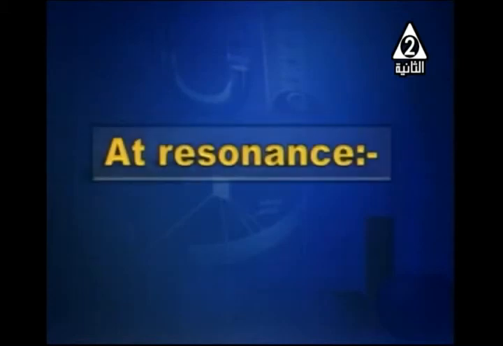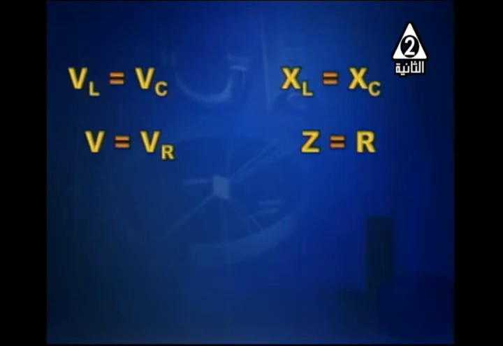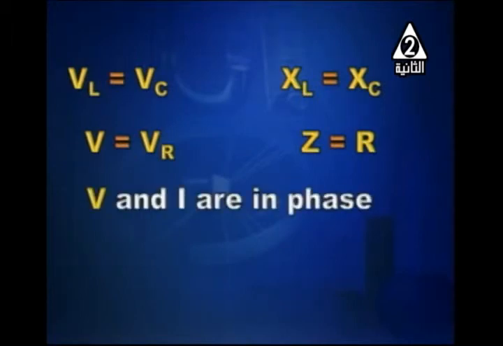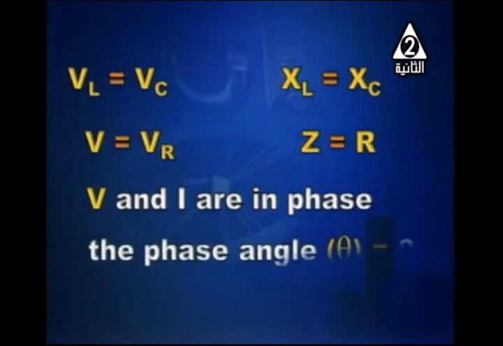So once again, at resonance, what happens? VL is equal to VC, because XL is equal to XC. Total voltage will be equal to the voltage across the resistor. Total impedance is equal to the ohmic resistance. Voltage and current are in phase, and this means the phase angle is equal to 0.